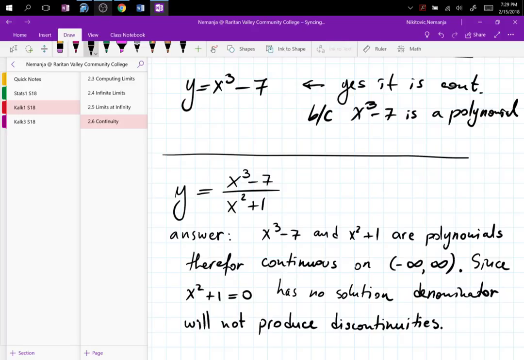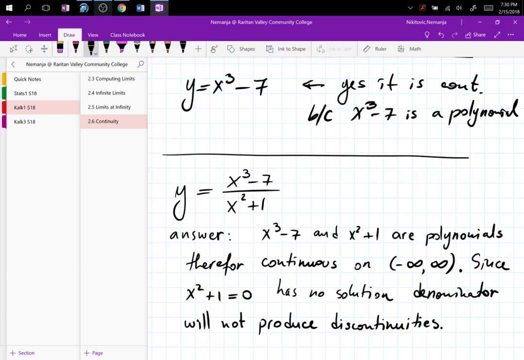Again, it's never 0. We know it's bad when it's 0 because a vertical asymptote happens, and as soon as the vertical asymptote happens, you have discontinuity. So again, x squared plus 1 can never be 0, and because it can never be 0, you will never be dividing by 0, therefore no vertical asymptotes, open circles, or anything like that. So the denominator is not producing any discontinuities.